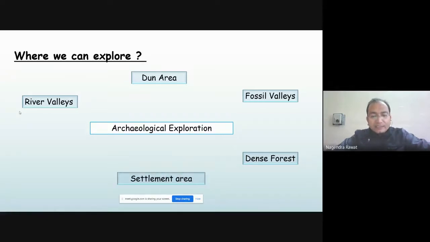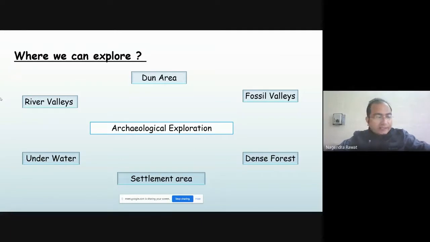The next, settlement areas. These are the areas where we are living today, the established settlement areas. In India, most of the archaeological sites are near settled areas where modern settlements are. So we need to explore those areas as well for historical archaeological values. Next, underwater archaeology.